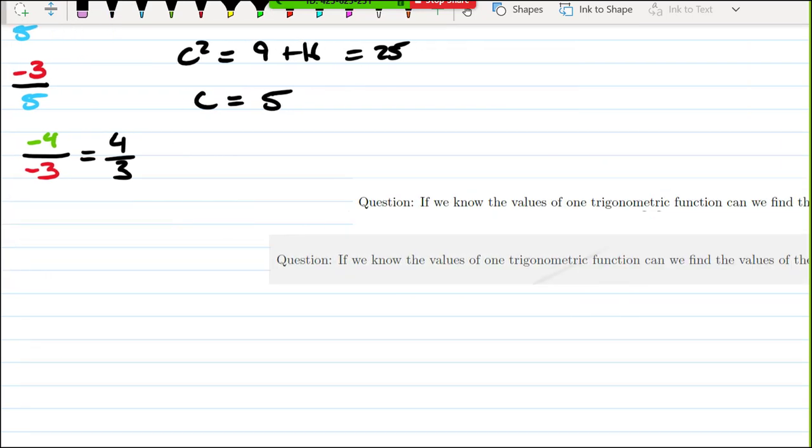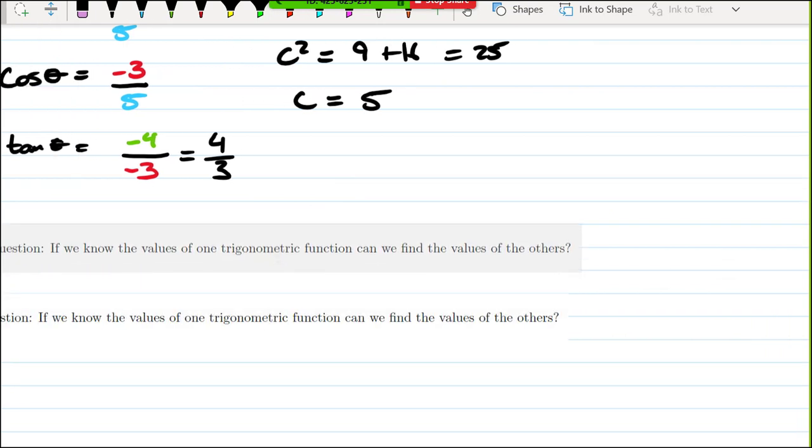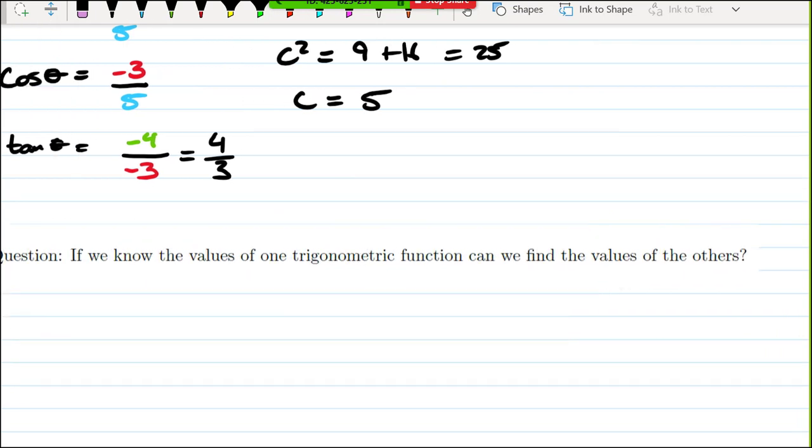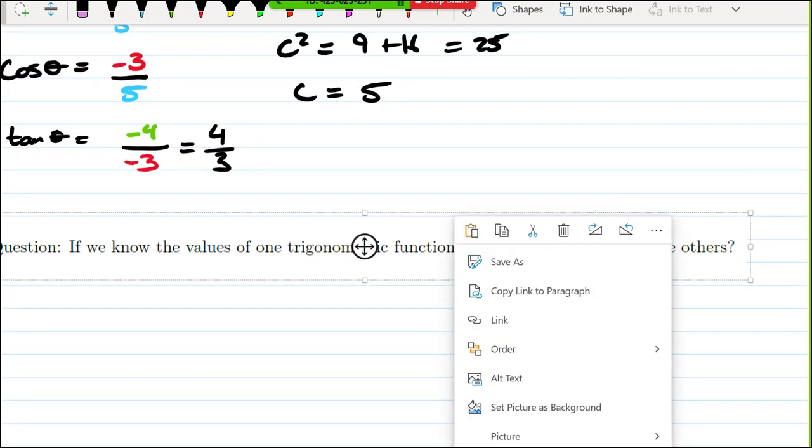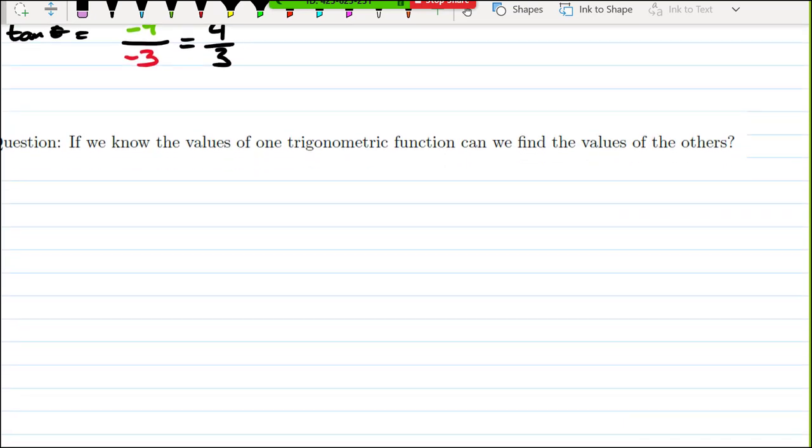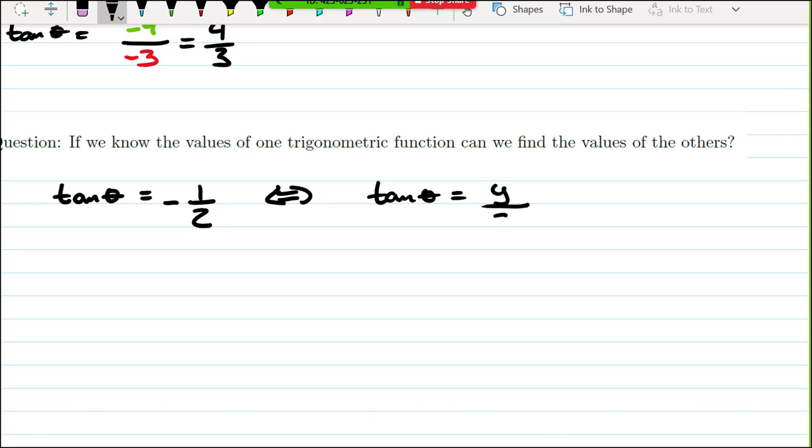Basically, the question is saying, if I know the value of one trigonometric function, is that enough information to find the value of the other trigonometric functions? Well, let's see. What if I knew that the tangent of theta was equal to negative 1/2? We know that the tangent of theta is the same as opposite over adjacent, which is y over x.